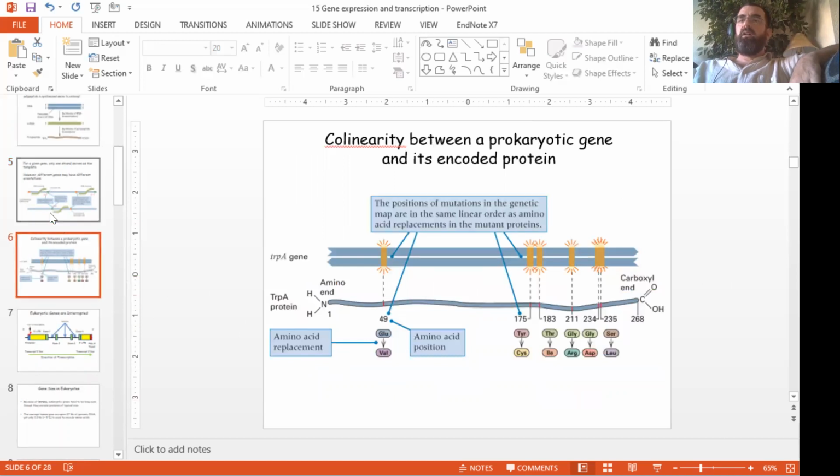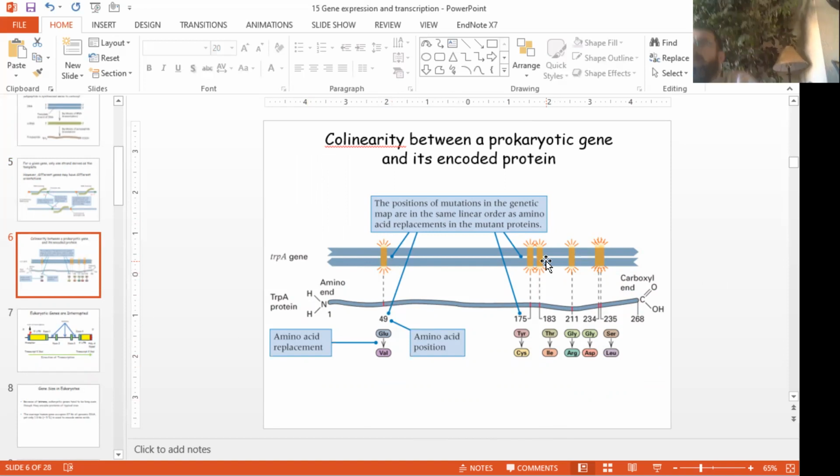So one super funky thing about prokaryotes, and we'll get to more of them because there are a whole bunch, is that what you see is what you get when it comes to DNA and protein. If you have a position here, that corresponds directly to an amino acid here.